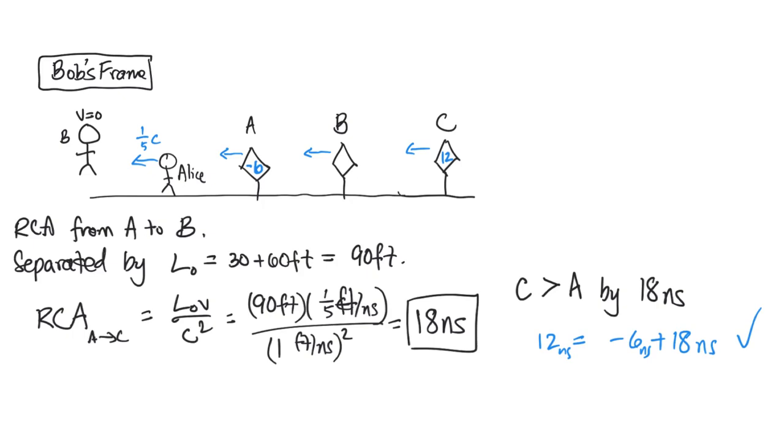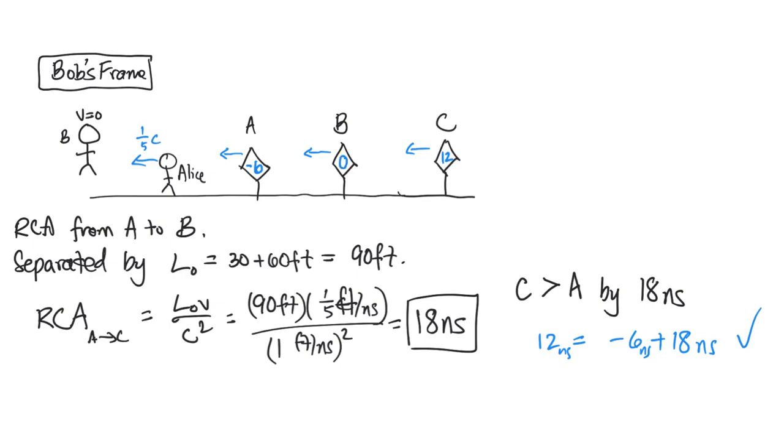But let's not lose sight of the main idea here, which is in the ground frame where all three clocks were at rest and so was Alice, all three clocks had the same reading at a single instant of time as measured by Alice. However, in Bob's frame, which is what's drawn in this picture here, the same three clocks all have different readings at a single instant of Bob's time, right?